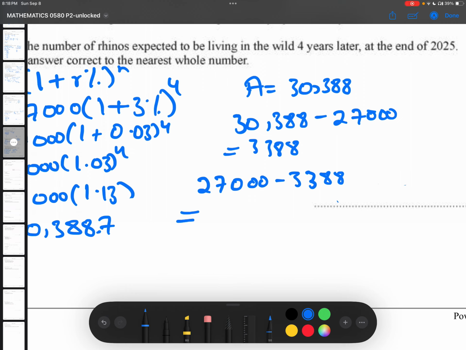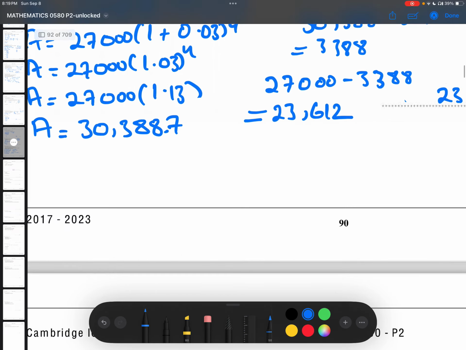If I subtract 3,388 from 27,000, I will get 23,612. This will be the number of rhinos at the end of year 2025. So first we calculated the compound interest, then I subtracted that interest from my initial number of rhinos, which was 27,000. Okay.